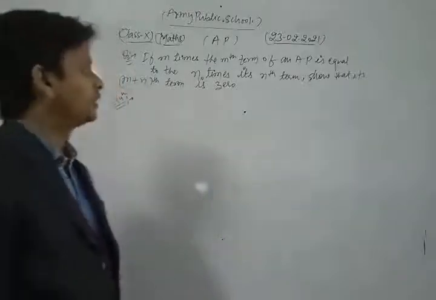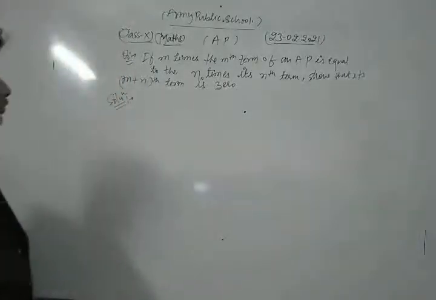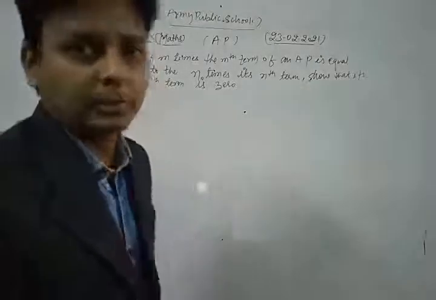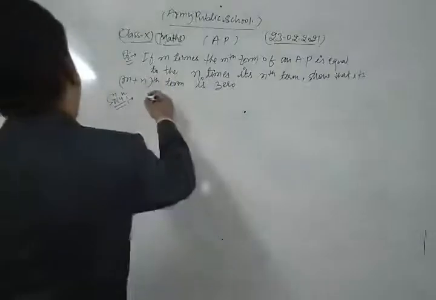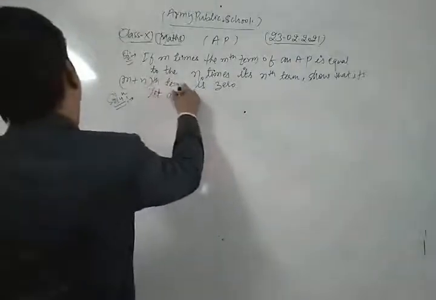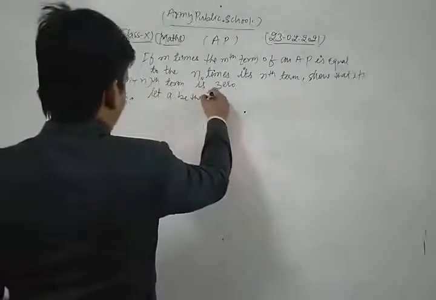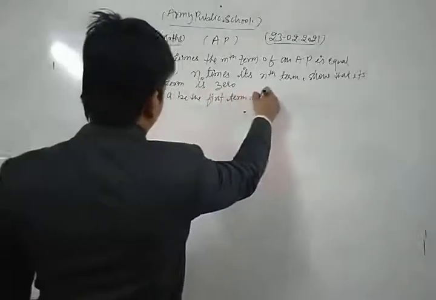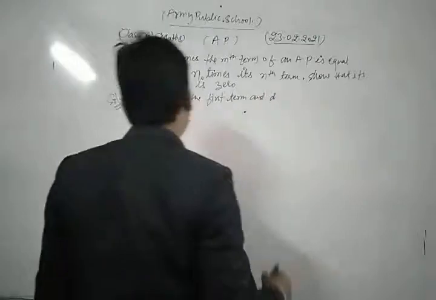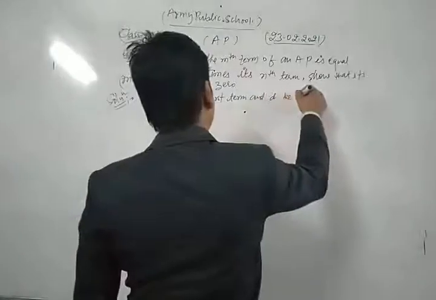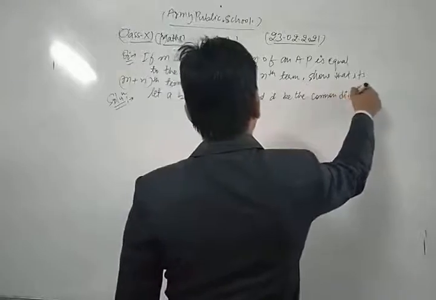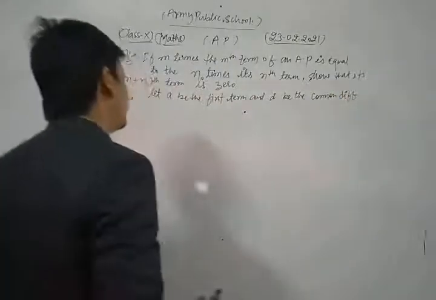Okay, now let's see. In this question also, first of all, we take a to be the first term and d to be the common difference of the given AP.